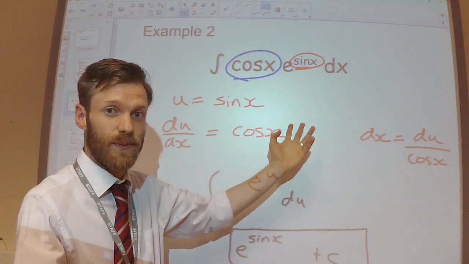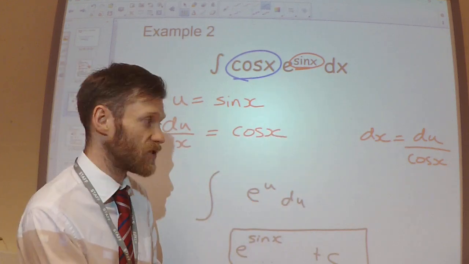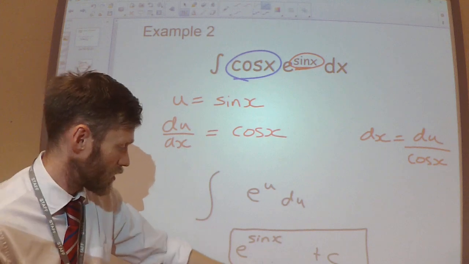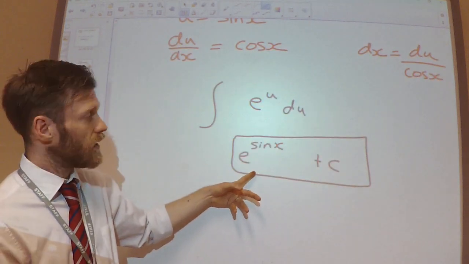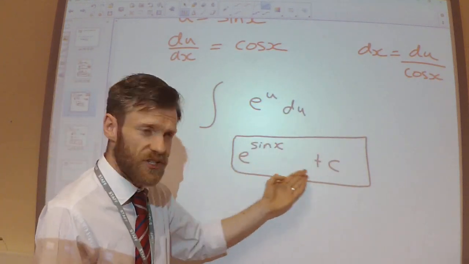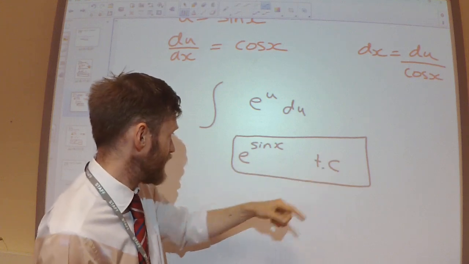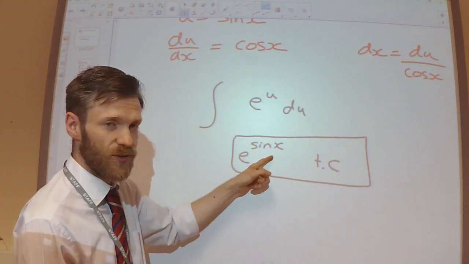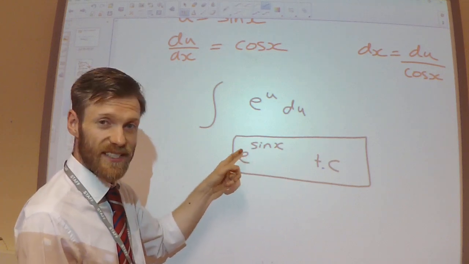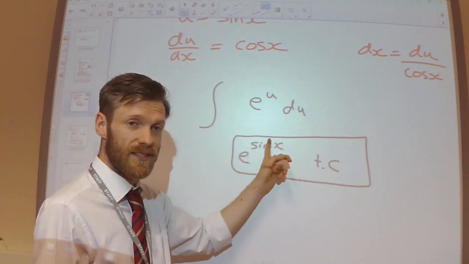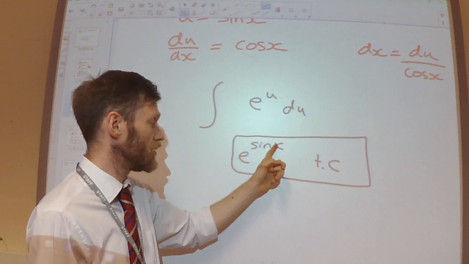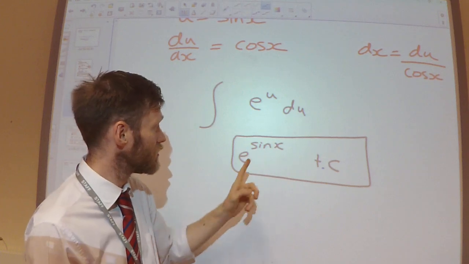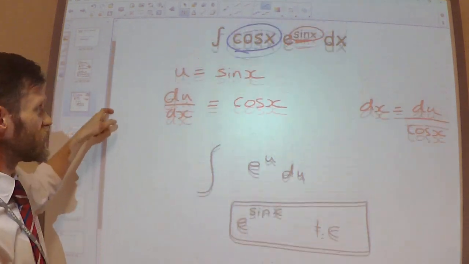And when you integrate the exponential function, you get the exponential function. So, just to check that, if you differentiate this, differentiating the exponential function, I get the exponential function. But then I need to times that by the derivative of the inside function. So I times that by cos. And that does give you the original function.